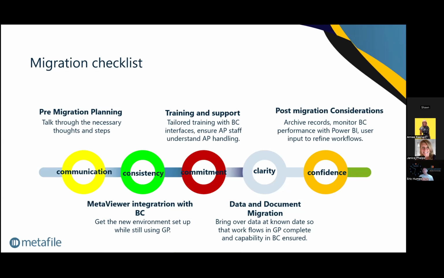It's very important that we are able to then bring in the training and support while you're still fully functional on GP, so that everyone's capable and comfortable on the BC platform. And then to do your migration of your data and documentation, understanding what you need to bring over, what's relevant, but also ensuring that it lets you get through your business close on GP and then opening up on BC, so that you remain compliant throughout the whole transition with little to none double entry.